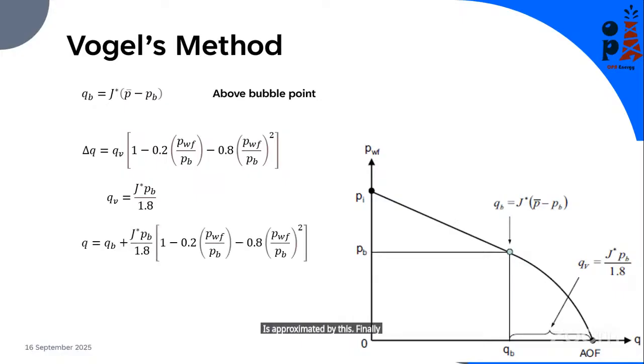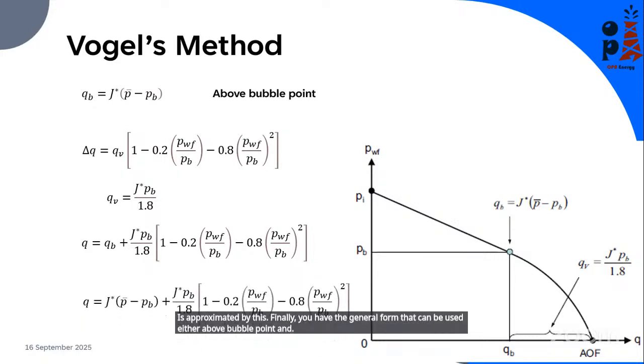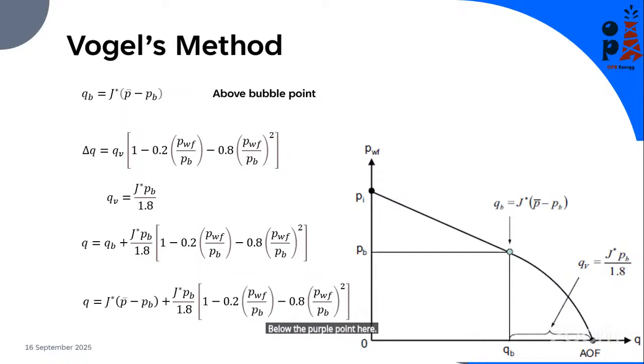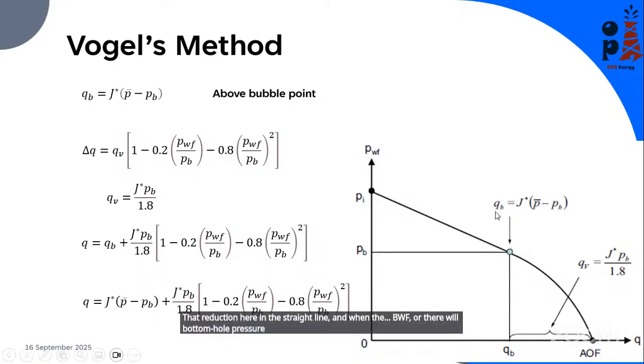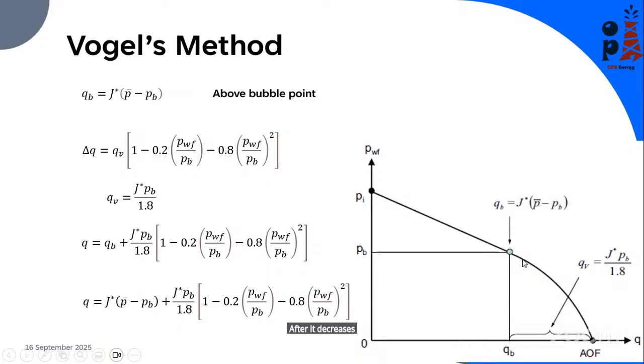Finally, you have the general form that can be used either above the bubble point or below the bubble point. So it's all good. You can have that reduction here in the straight line when the BHP, or the well bottom hole pressure, is above the bubble point. After it decreases under the bubble point, you will have another increase by this amount.